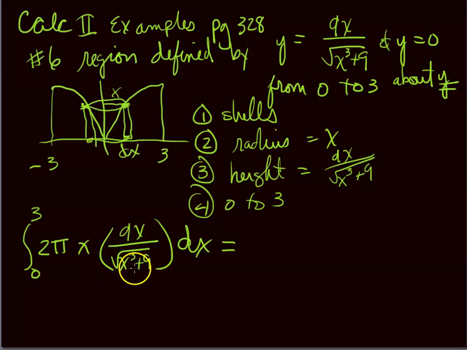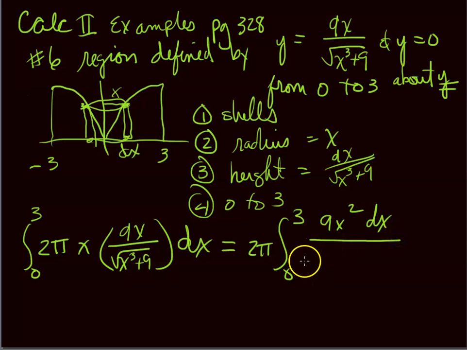If you see something in the denominator, first of all, this becomes 9x squared. I'm going to pull out the 2 pi. Integral from 0 to 3. The x I'm going to multiply, and it's 9x squared. And I'm going to put the dx up there with it because they're going to go together. This square root of x cubed plus 9.